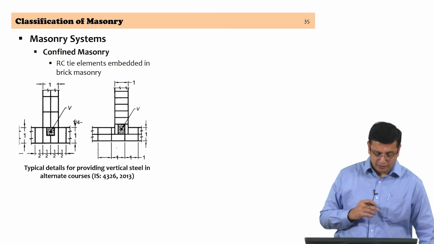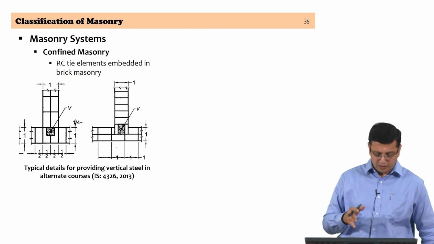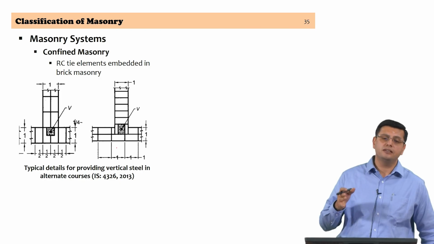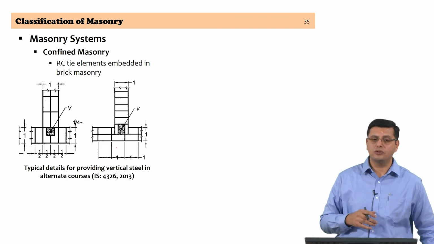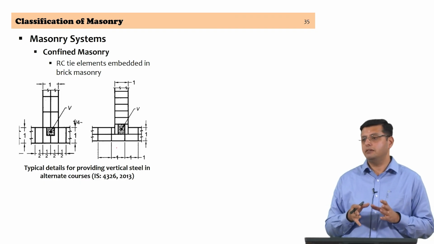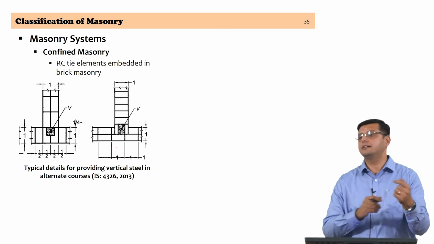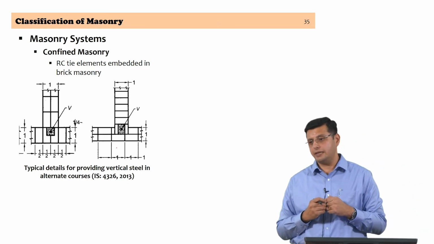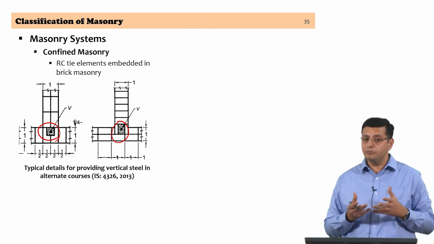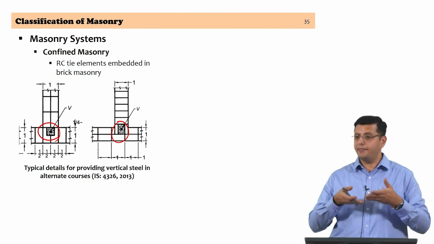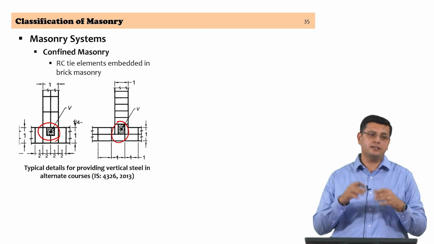I am touching upon this typology because IS 4326, which is the code for earthquake resistant design and detailing of buildings in India, revised in 2013, actually provides detailing for solid brick masonry construction with these RC horizontal and vertical tie elements, where what you really need to do is create pockets by cutting brick layer by layer and then constructing the wall so that the vertical pocket is available, steel is placed and it is grouted.